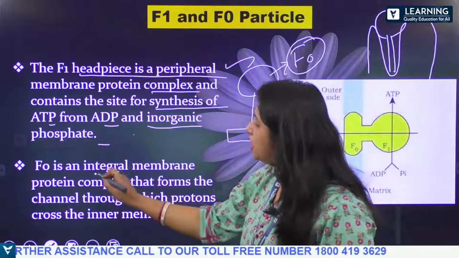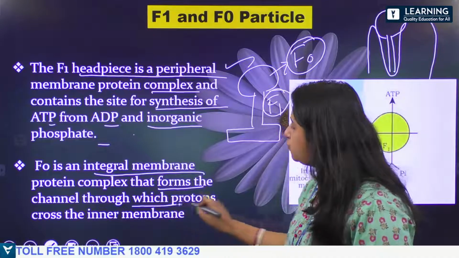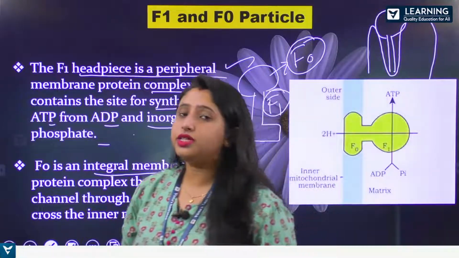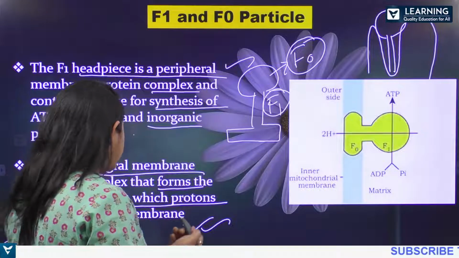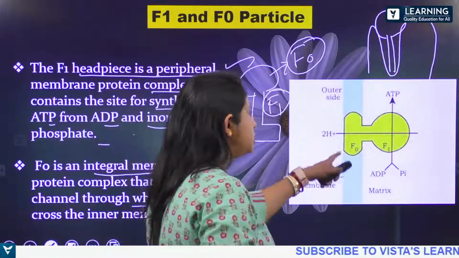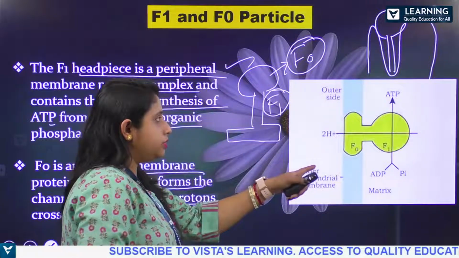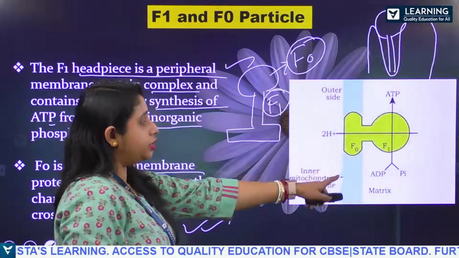F0 is an integral membrane protein complex that forms the channel through which the protons cross the inner membrane. So F0 basically helps in the transfer of protons. Okay, so see, this is the outer side, and this is attached to the cristae. In the cristae only, F0 and F1 particles are present.